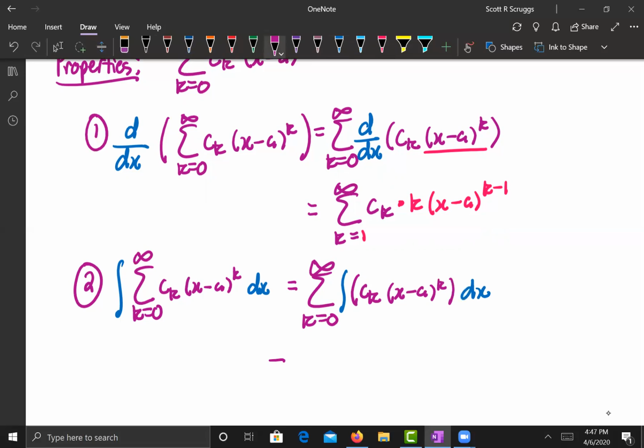So I now have the sum from k equals 0 of c of k. Because I'm taking the antiderivative of (x minus a) to the kth power, it's now going to be (x minus a) to the k plus 1 divided by another k plus 1. And then I'm going to have a plus C. Keep in mind that the plus C is on the outside of that series, mainly because I'm integrating the entire power series. So just keep that in mind to avoid confusion.